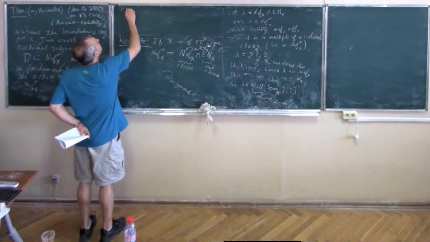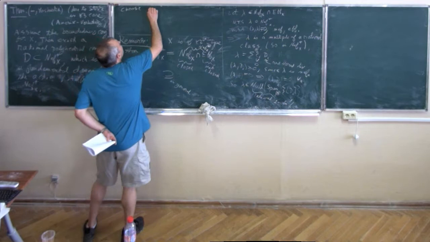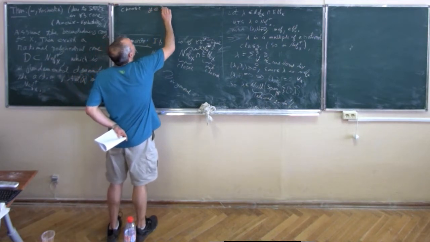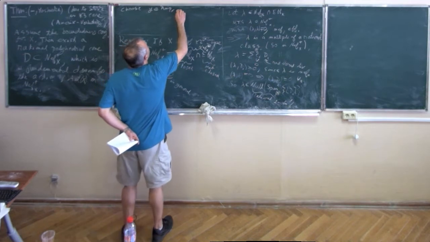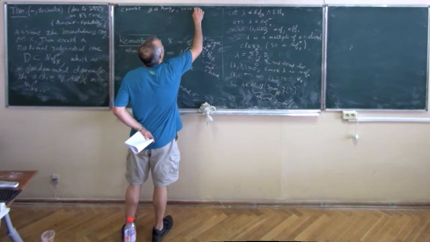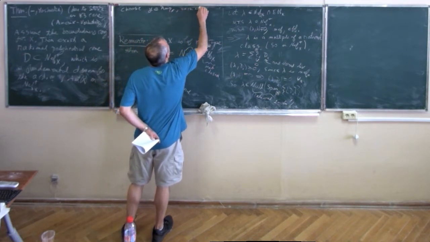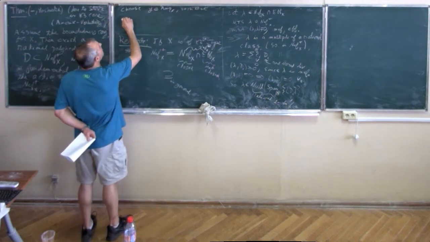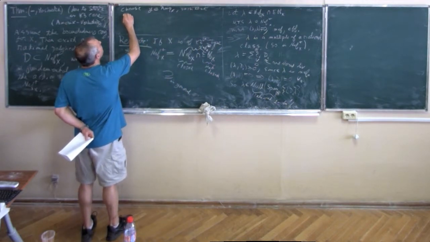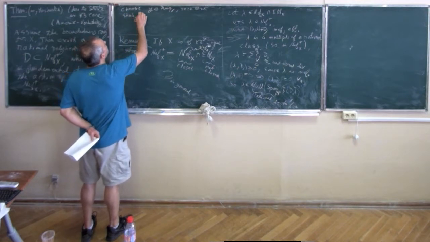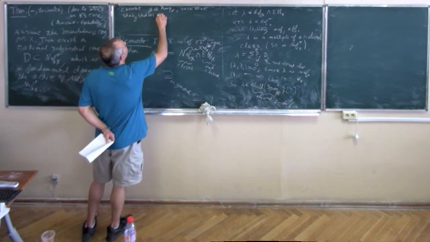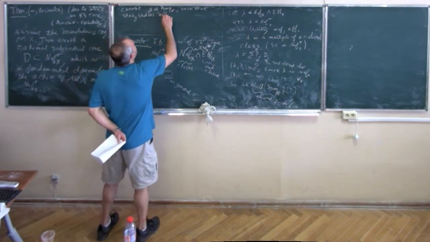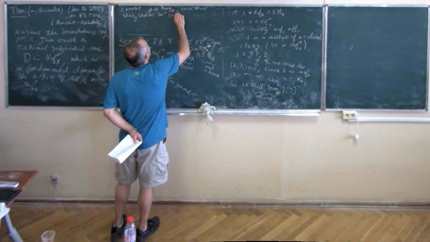Choose Y in the ample cone such that the stabilizer of Y in the automorphism group of X is trivial.